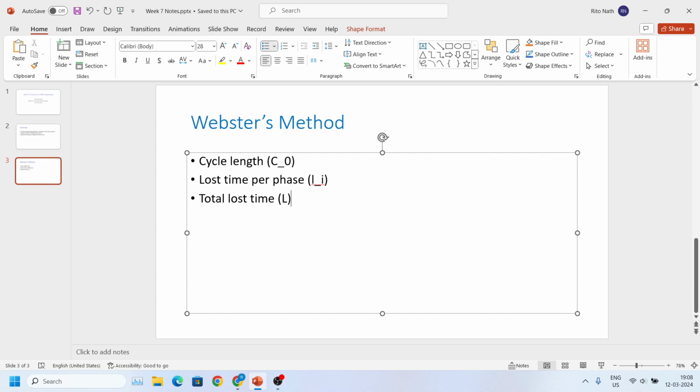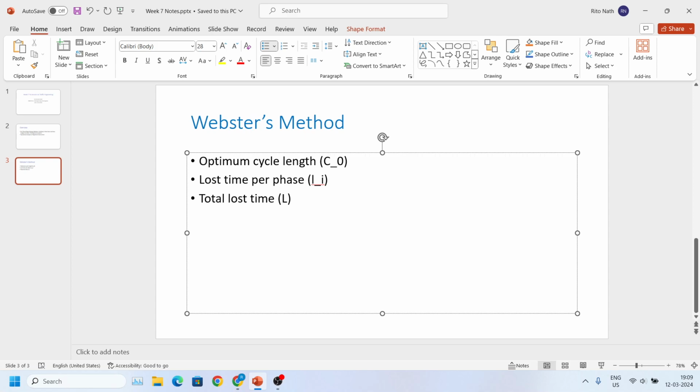Then you have the number of phases, the flow on lane groups having the right of way during one phase, and the saturation flow of different lane groups. This is also called the optimum cycle length. There are different formulas for calculating everything.